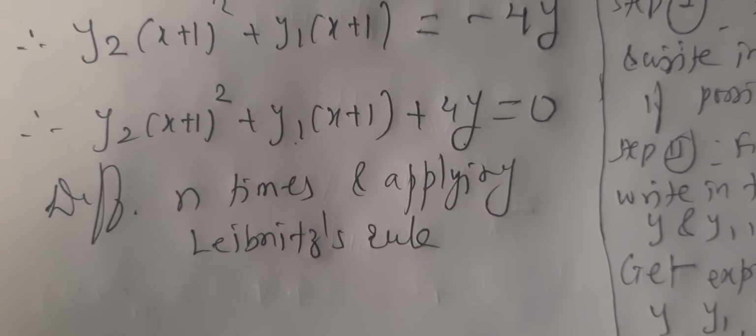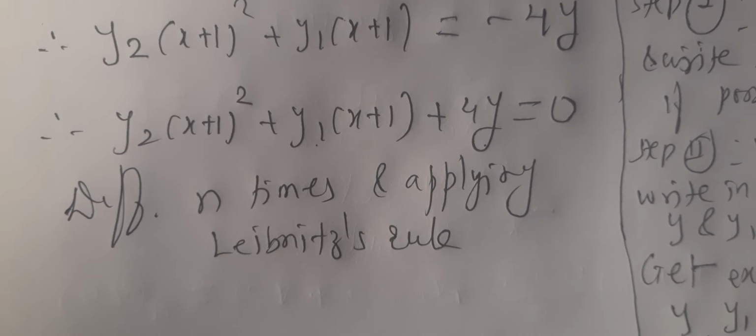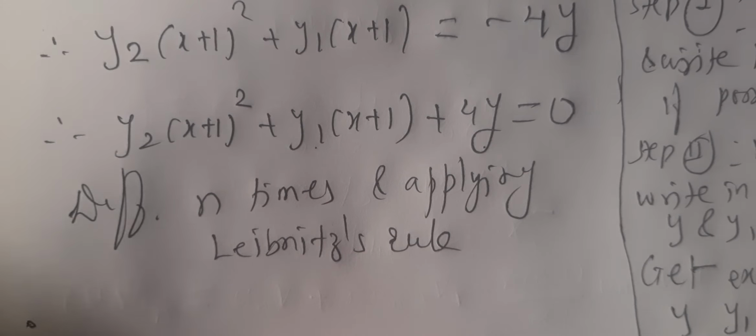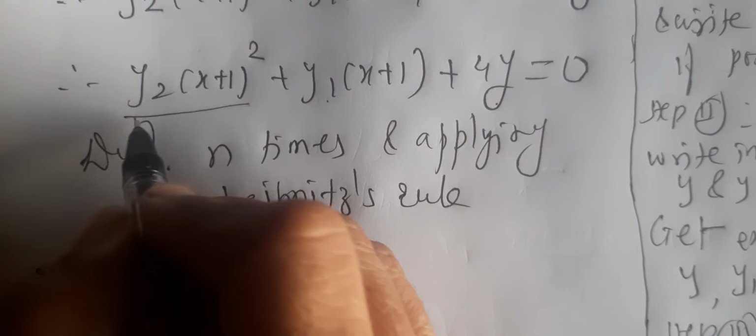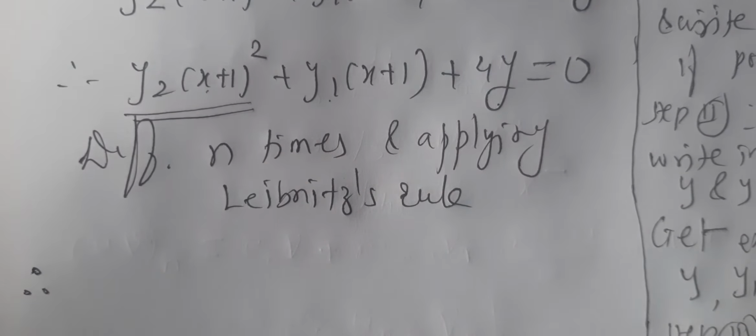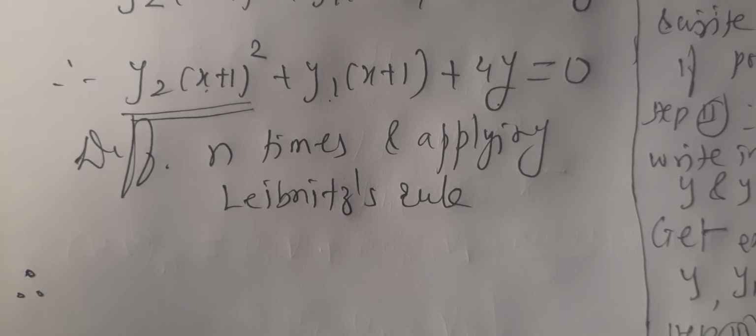Just in these 3 steps, you are going to get the required result. Let's see how it works. Now when you are differentiating n times, we are finding nth derivative by Leibniz rule. So see the first term. Look at this. It is a product of two functions and we are differentiating n times. What was the Leibniz rule?